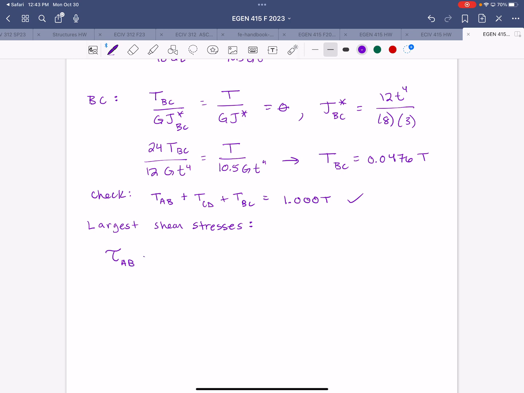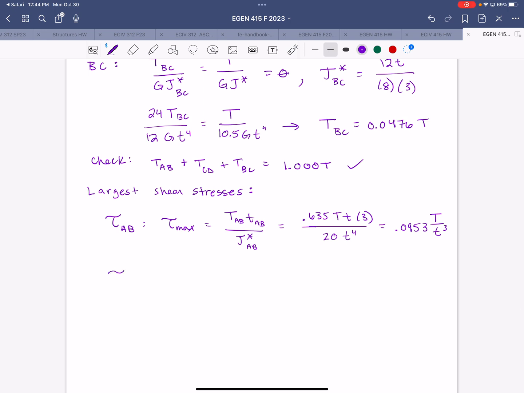So in AB, the maximum shear stress will be torque in AB times the thickness of segment AB divided by J star of AB. So that's 0.635 times the total torque times lowercase t times 3 divided by 20t to the fourth. That's lowercase t. So that gives us 0.0953 times torque over lowercase t cubed.